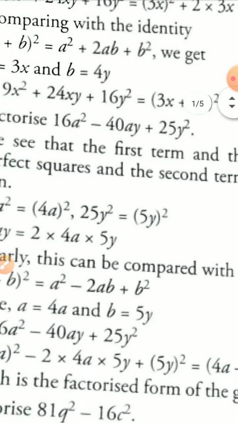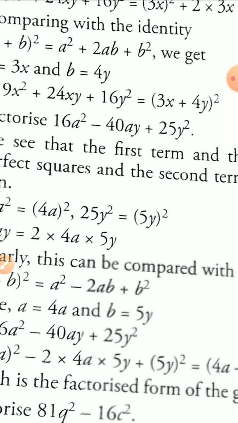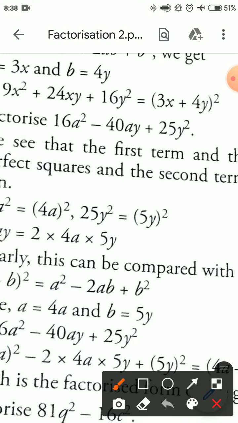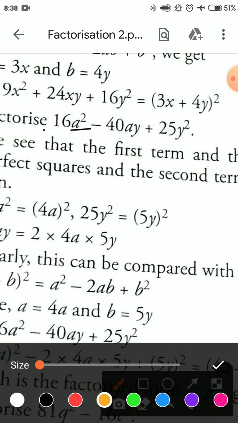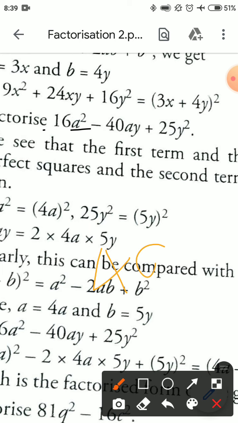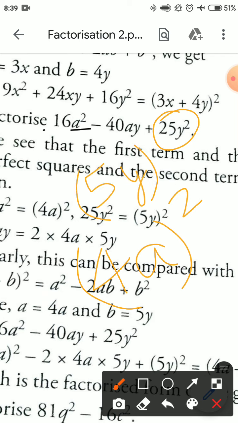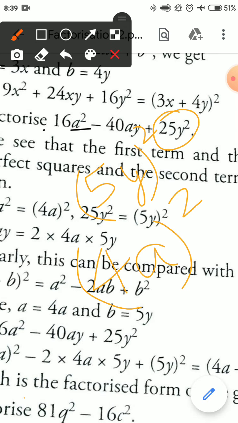So in the second question you can see that we have been given 16a square minus 40ay plus 25y square. Clearly you can see that 16a square can be written as 4a whole square, and this 25y square can be written as 5y whole square, right? And this minus 40ay can be written as minus 2 into 4a into 5y, right?